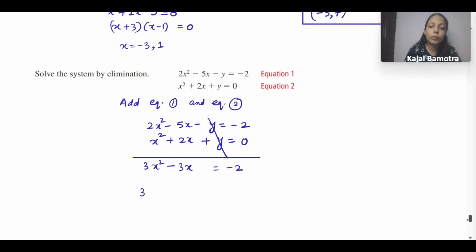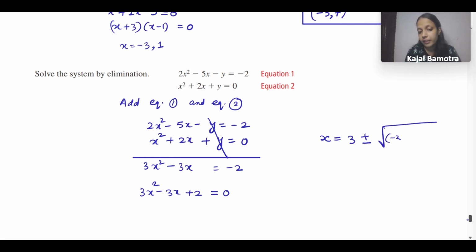Shift everything to one side: 3x squared minus 3x plus 2 equals 0. In this, x will be 3 plus or minus the square root of (negative 3) squared minus 4 times 3 times 2.